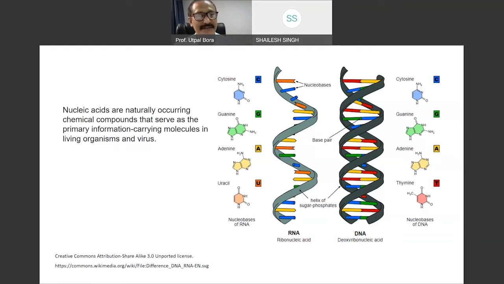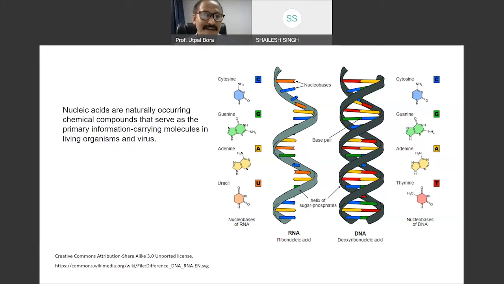biomacromolecules or biological polymers, nucleic acid being constituted by polymerization of nucleotides, and proteins being constituted by the polymerization of amino acids. We'll not go into the basic chemistry of the polymerization, but these are all primarily thread-like structures, but they have higher levels of organization. And nucleic acids, to begin with, are naturally occurring chemical compounds.